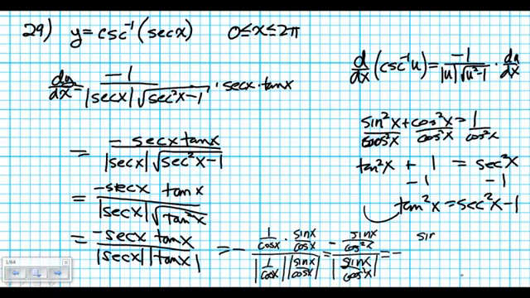So we get sine over cosine squared over the absolute value of sine over cosine squared, and we can get rid of the cosine squared. So we're left with negative of sine over the absolute value of sine.